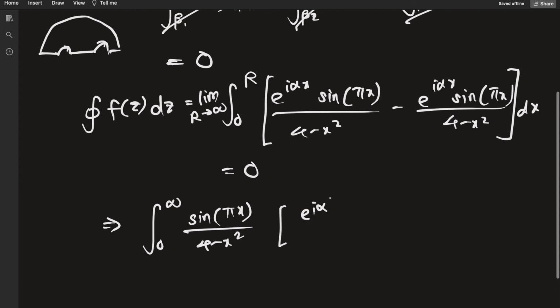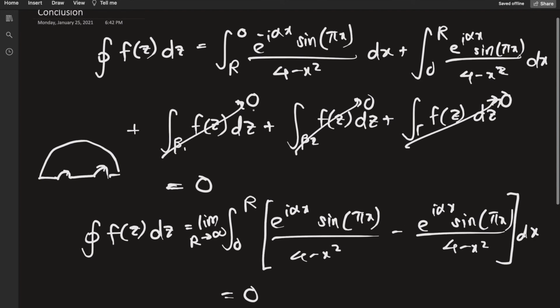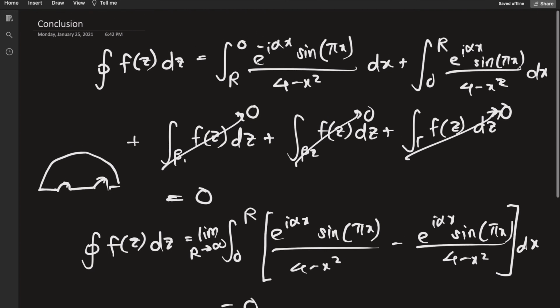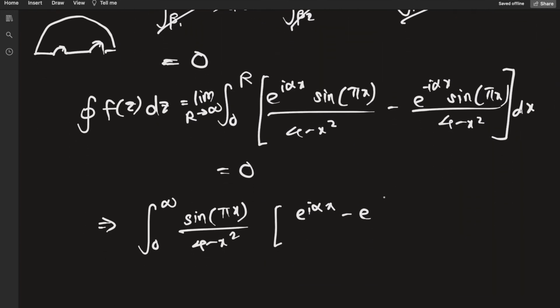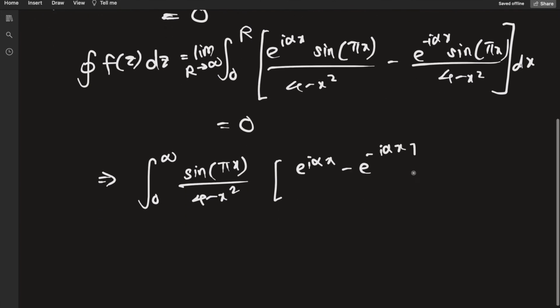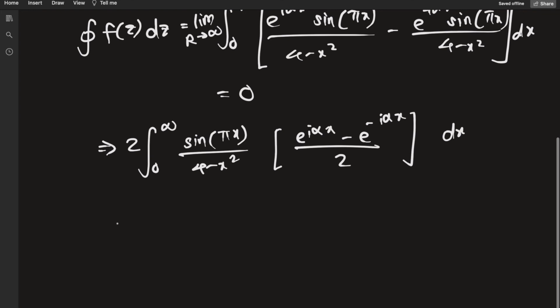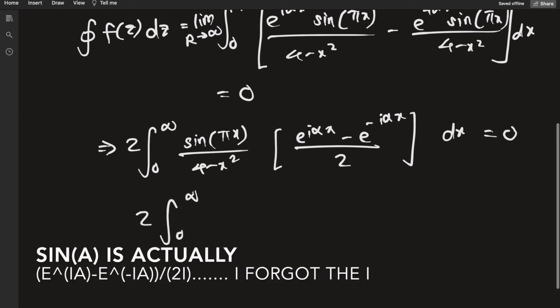e to the i alpha x minus e to the, I think there should be a negative alpha, at least over here. Yeah, because that was the negative parameterization. Negative i alpha x dx. We can multiply and divide by 2. Because now notice this guy is just sine of alpha x.